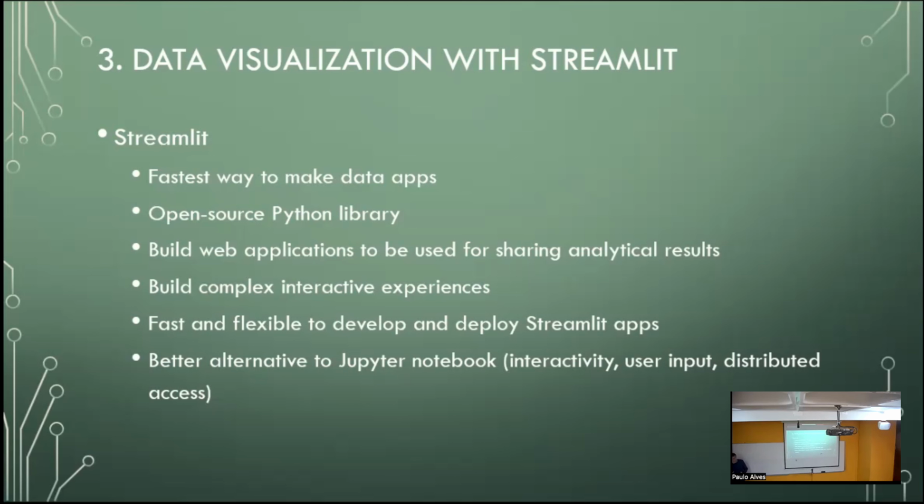Okay, it's open source, which is good. We can build web applications to share analytical results, machine learning, and so on. So we can use all that we use on Jupyter, or all the Python libraries, we can use also on Streamlit.